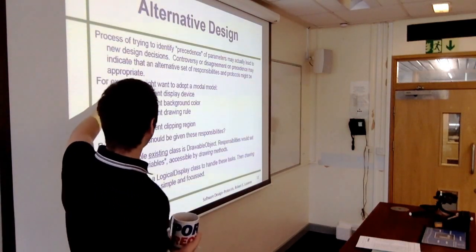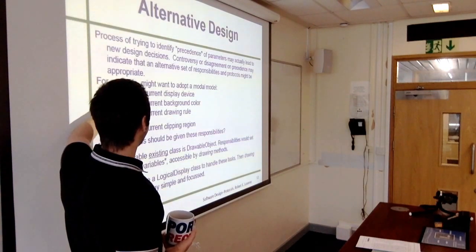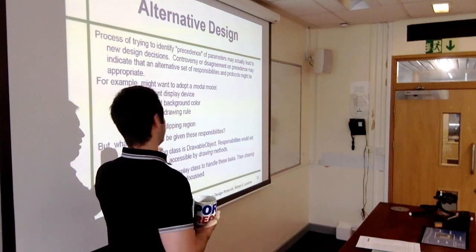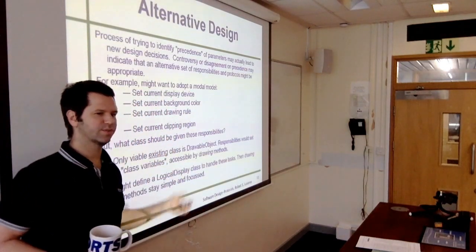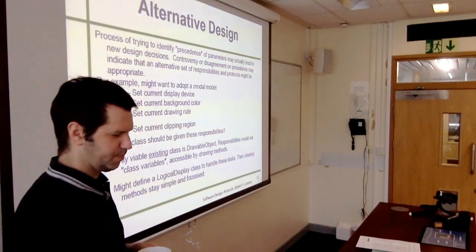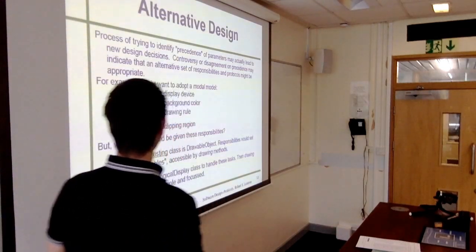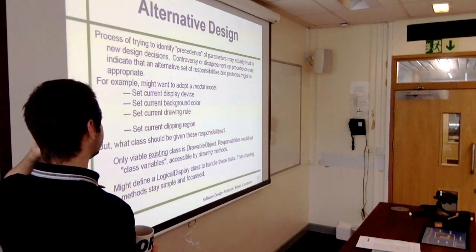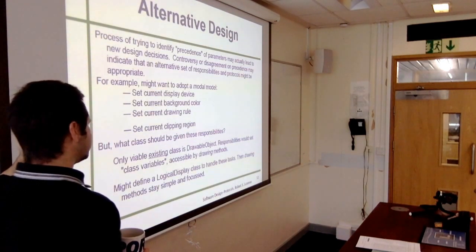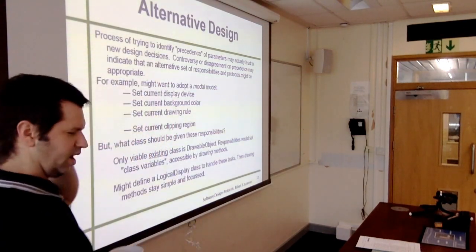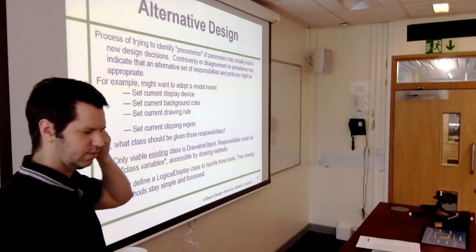Like we have a method called set current display device, and set background color, and set drawing rule, and set clipping region, and corresponding get methods for all those parameters. And then you have to decide, okay, well, where is that data stored? That's going to be something you have to decide during your design process.